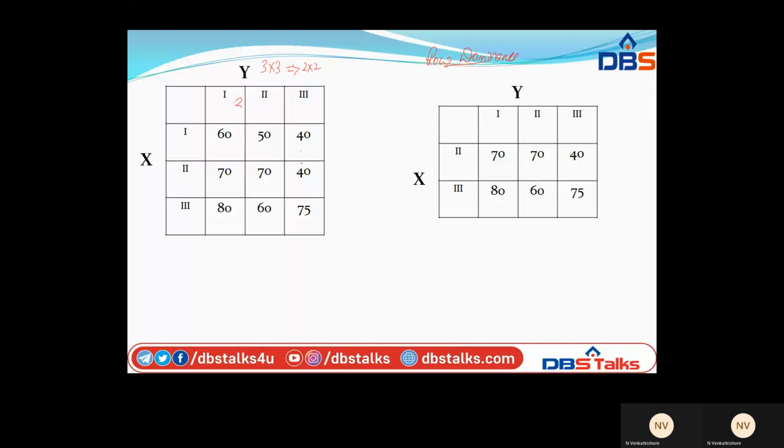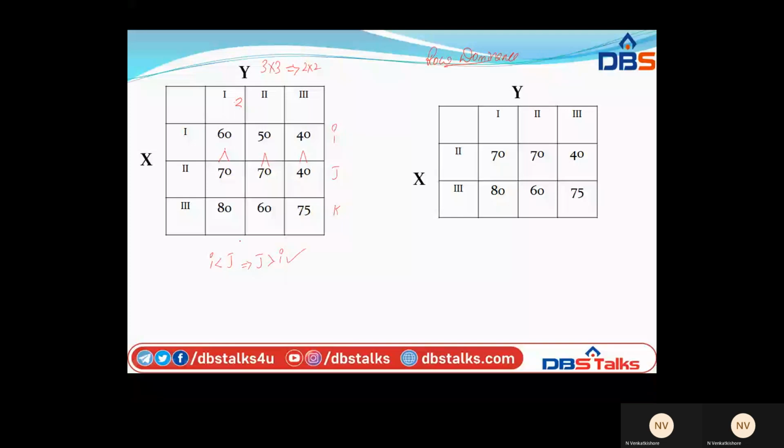If you see all these values, the ith row is less than j, or otherwise j is greater than i. Suppose, see, the j value 70 is greater than 60, 70 is greater than 50, 40 is equal to 40. So in this, here j is greater than i.